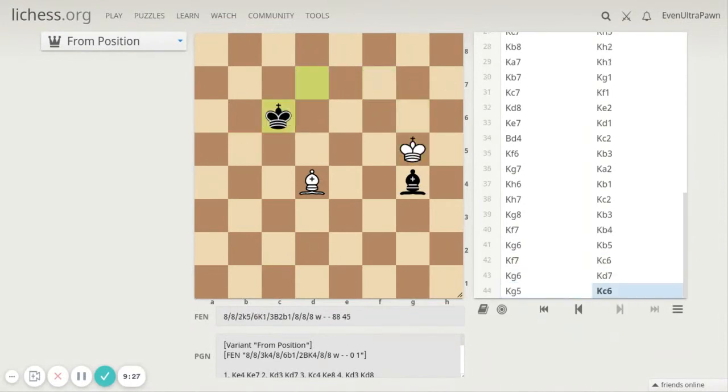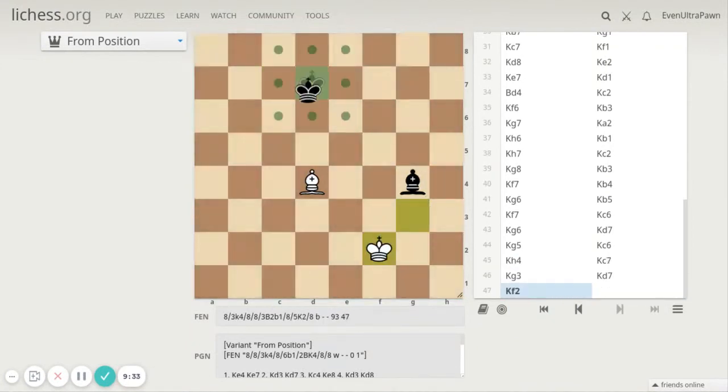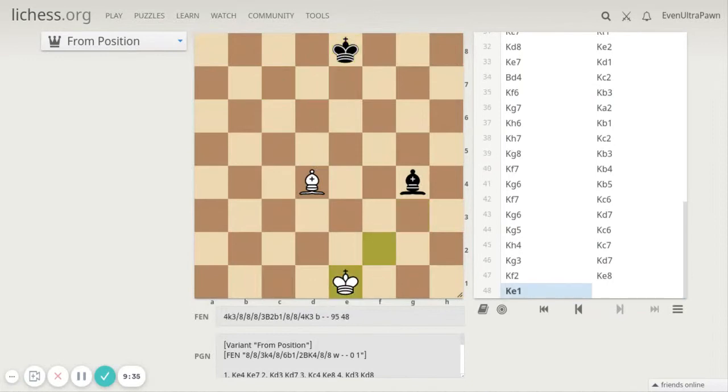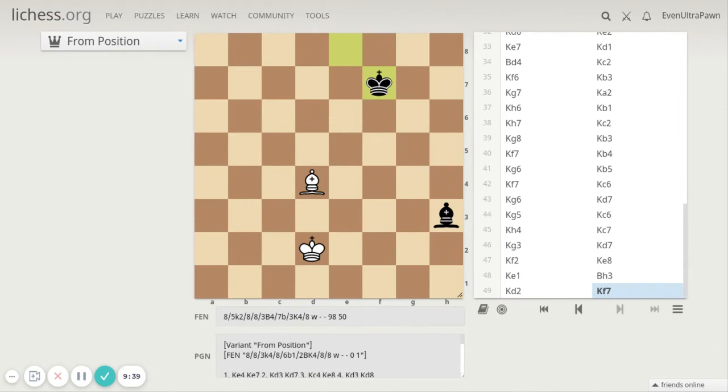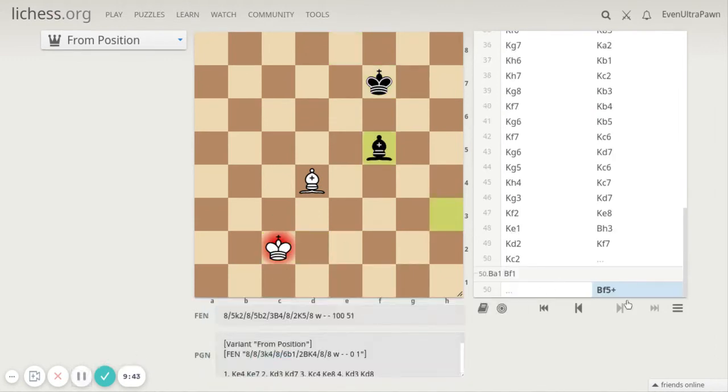Okay, still going. Don't leave, please. I like you here. And the 50th move. White played his 50th move, Black played his 50th move, and the game is a draw after 50 moves.